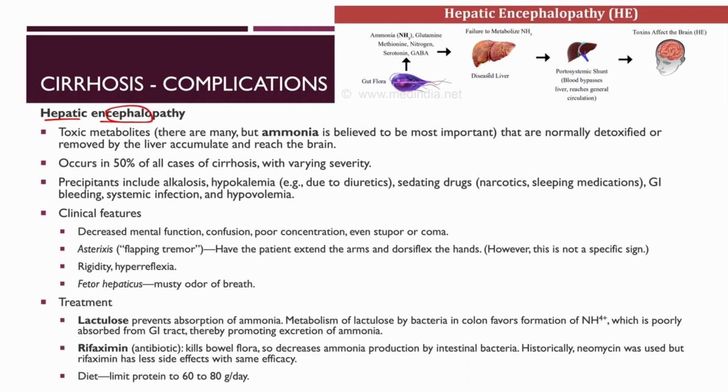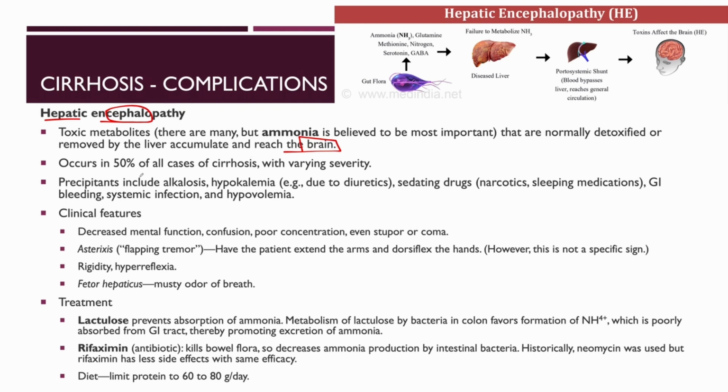Over time, the liver is not working as it should and it's not normally detoxifying, so all these toxins continue to circulate within the blood, accumulate, and reach the brain. Once they reach the brain, the patient starts exhibiting side effects from having all of this ammonia in their blood.